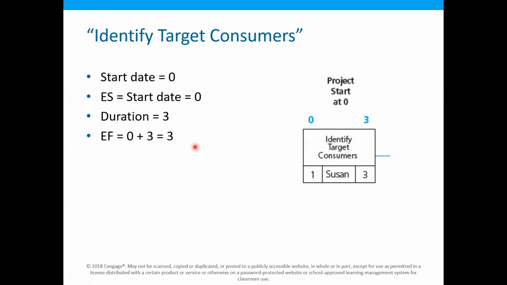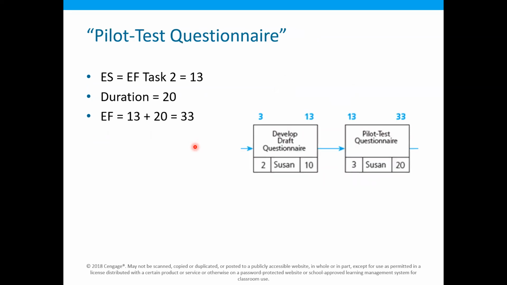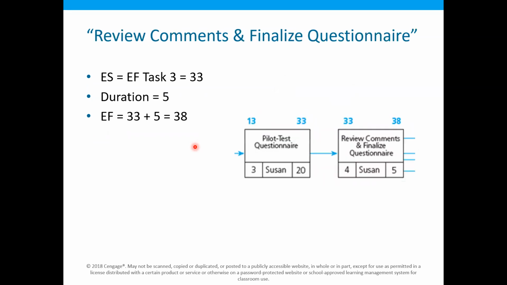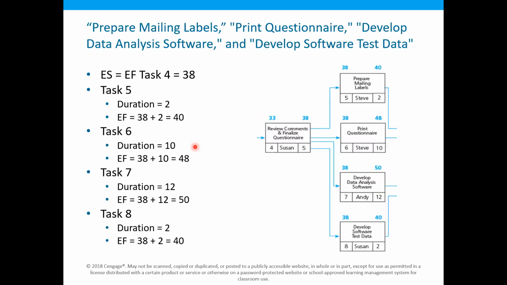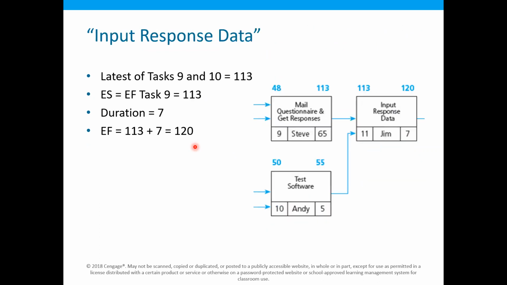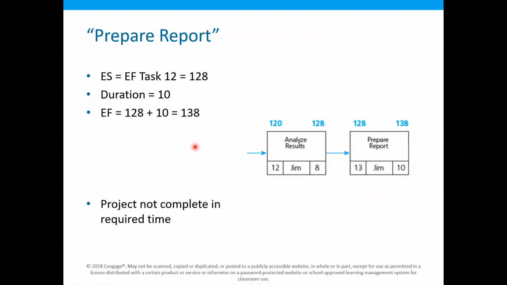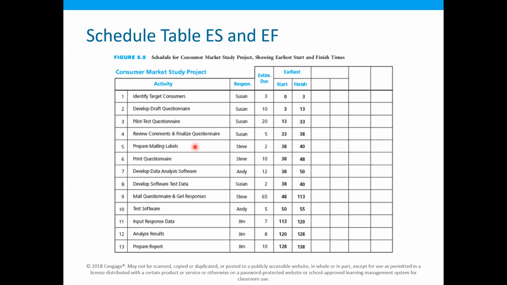So we start calculating the durations, and then the network is developed, review comments, and finalize questionnaire. These slides are just showing those calculations which I have just shown to you. And mail questionnaires, test software, input response data, analyze results, prepare report.